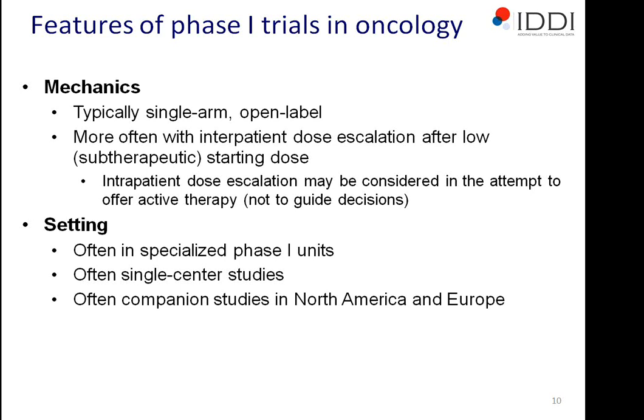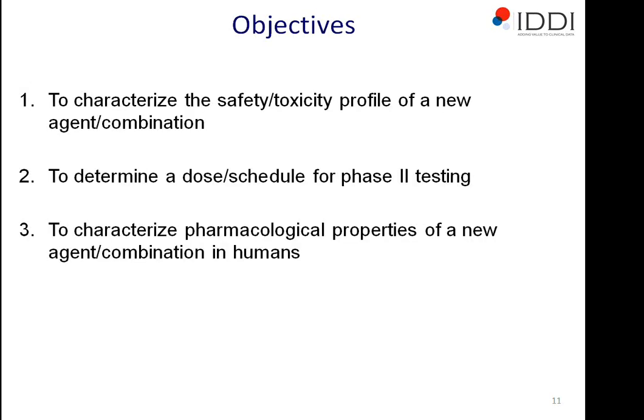Often these are single-center studies, but again, there is no reason why they couldn't be multi-center studies as long as good communication is available. Many times companies decide to conduct parallel phase 1 trials, for example, one in North America and the other in Europe or Japan or other parts of the world, and this is common too.